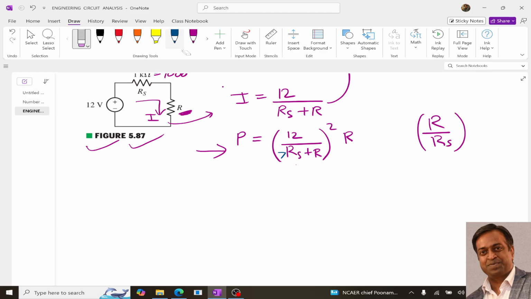So multiplying and dividing it by RS, P is equal to 12, multiplied by RS and divided by RS.